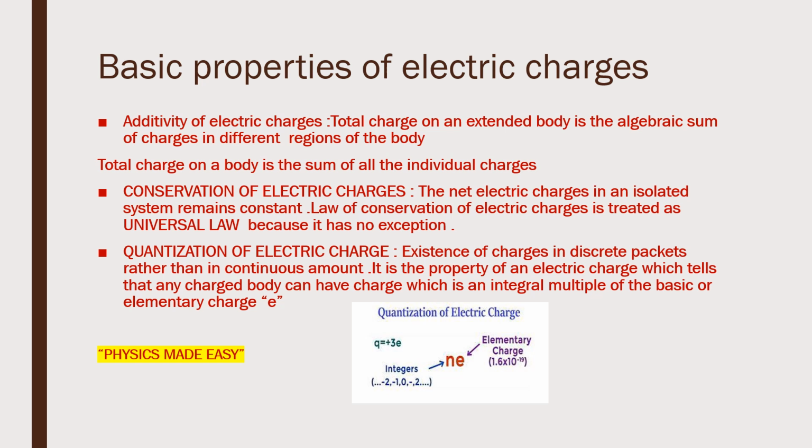So the formula for the charge is Q equals plus or minus n e, where n represents an integer, which can be positive or negative. e represents the elementary charge and its value is equal to 1.6 times 10 raised to power minus 19 coulomb. So the total charge is equal to n e.